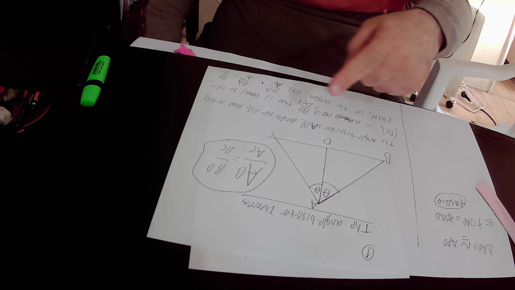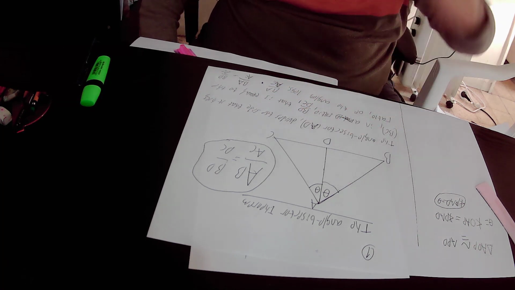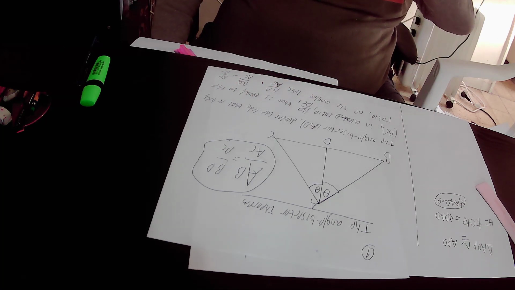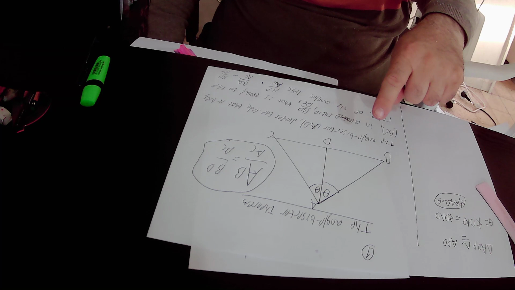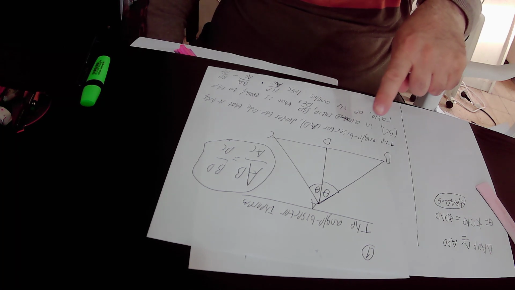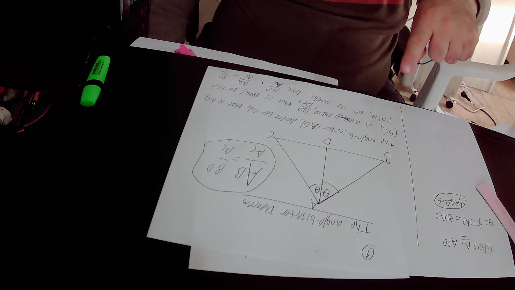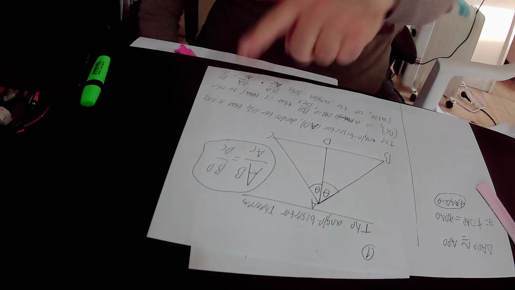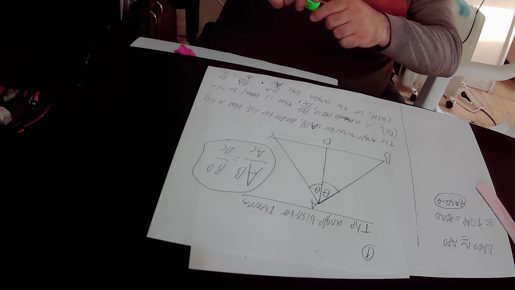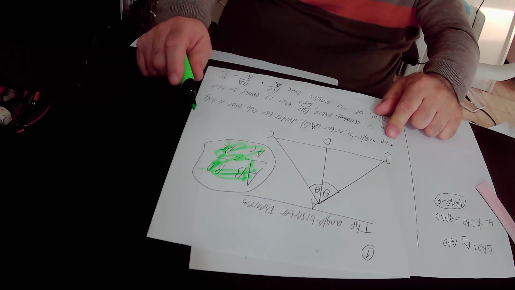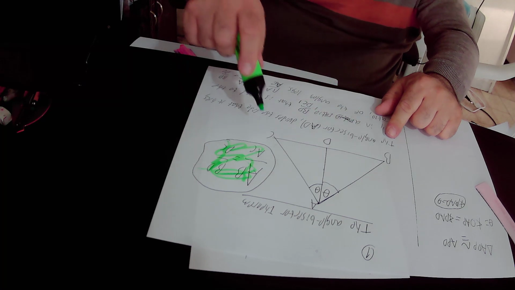So in conclusion, according to the angle bisector theorem, in triangle ABC, AB over AC equals BD over DC.